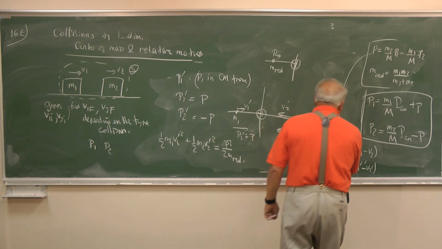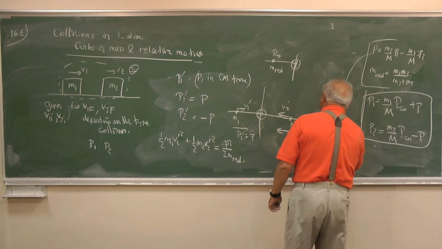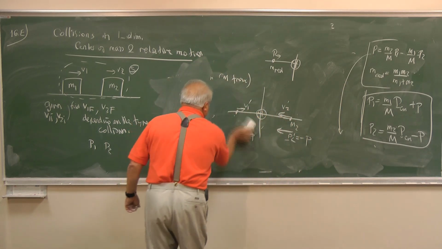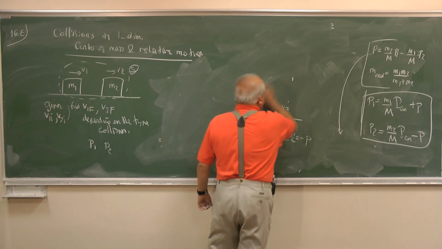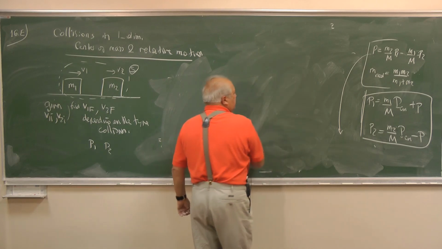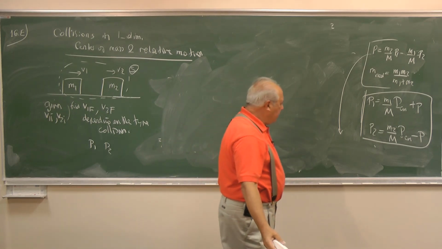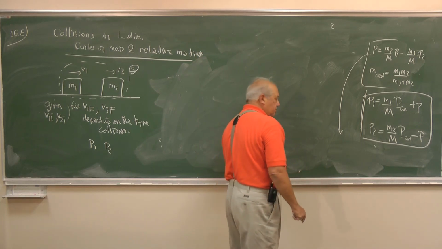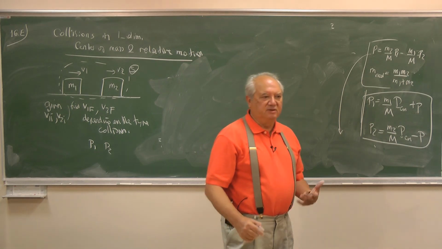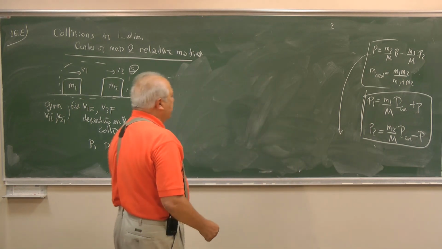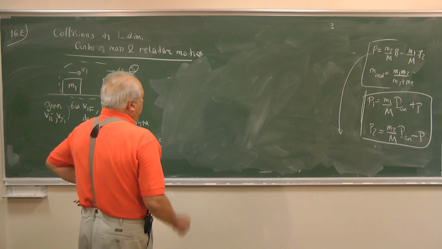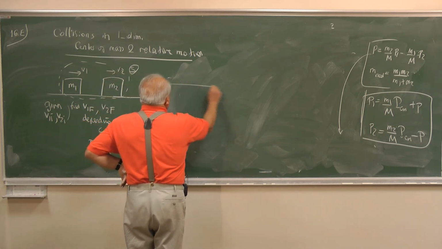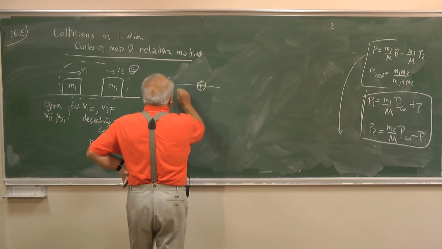All right. Now we can discuss the type of the collision. Why are we doing this? We are reducing a two-body problem to a one-body problem with the hope that solutions of the one-body problems are much easier, faster, and we can understand what's going on. So initially, we are in the center of mass frame.